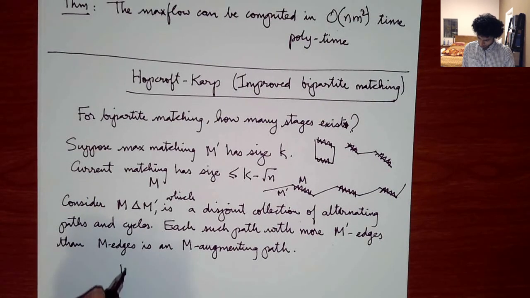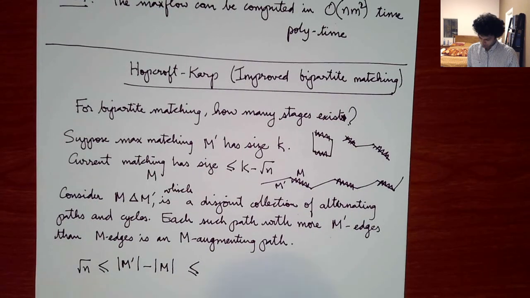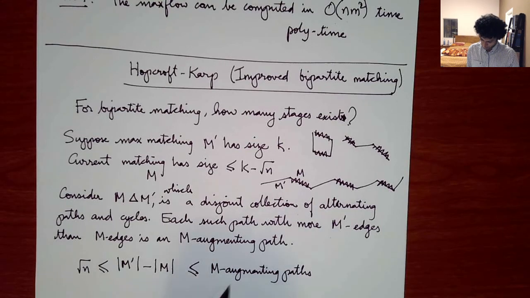Alright, so now here's what we're going to argue. The difference between these, M' minus M, is at least root n. Now I claim that this is at most the number of M augmenting paths, which are disjoint.